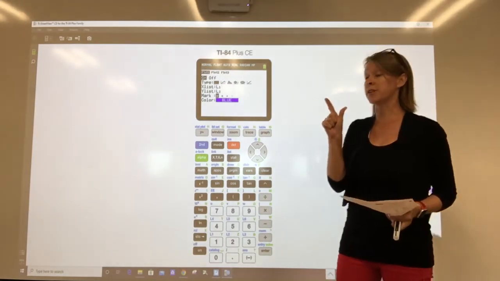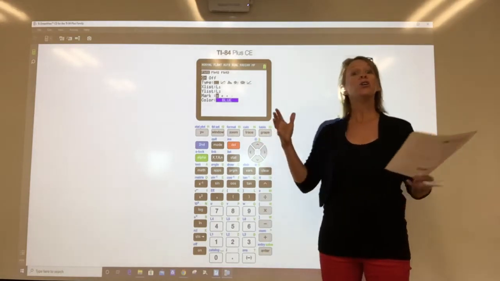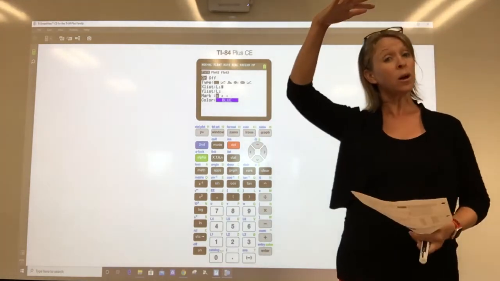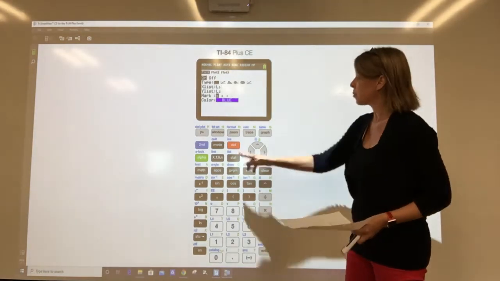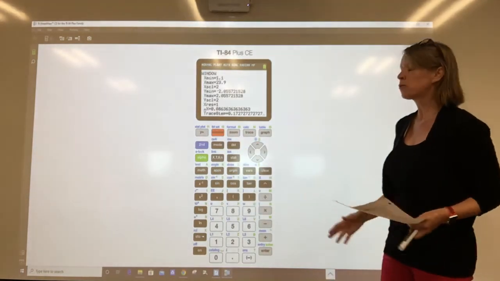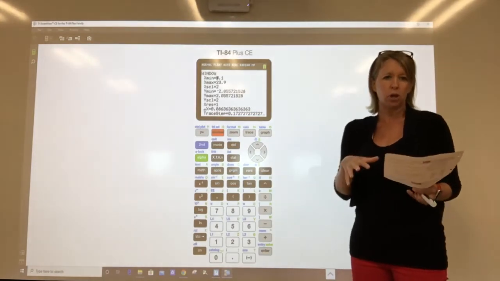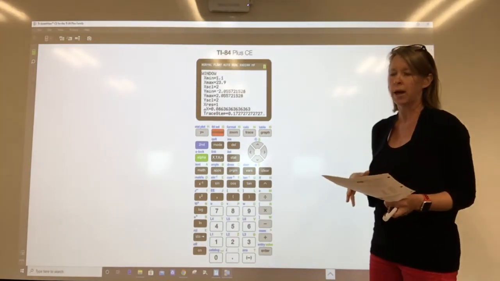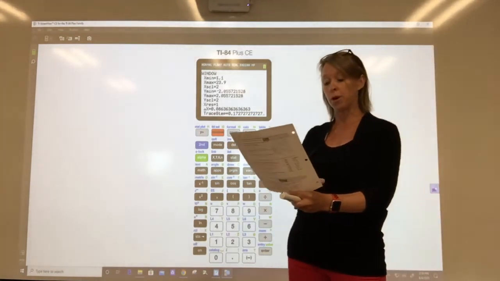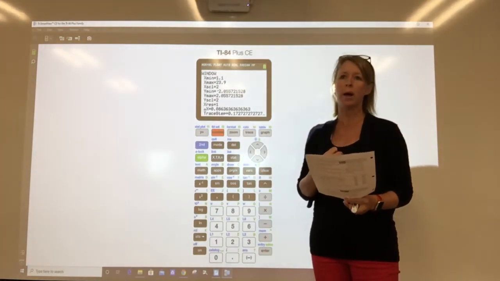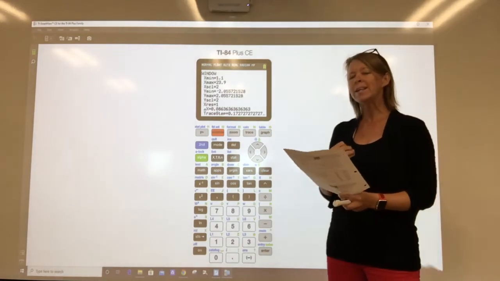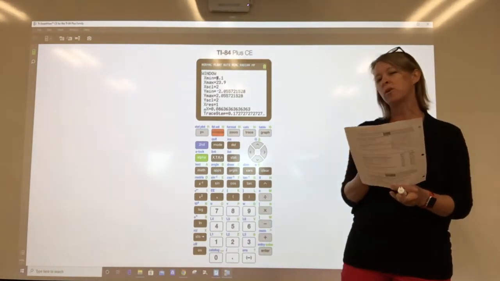Before you get ahead of yourself and hit the graph button, you need to first make sure that you're setting a window so that you can actually see the scatter plot. So I'm going to have you go into the window, and this is where we're going to adjust and get a good window to be able to see this. If you look back at your paper, look at the x values that we typed into L1, and ask yourself, what is the smallest x value that we entered?